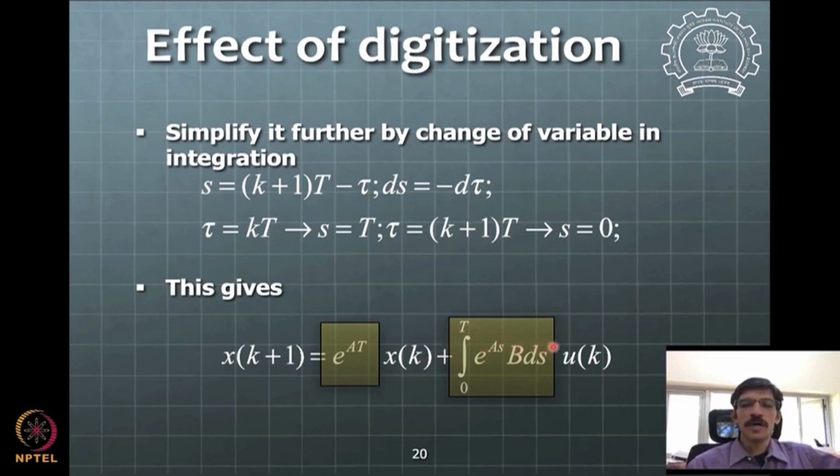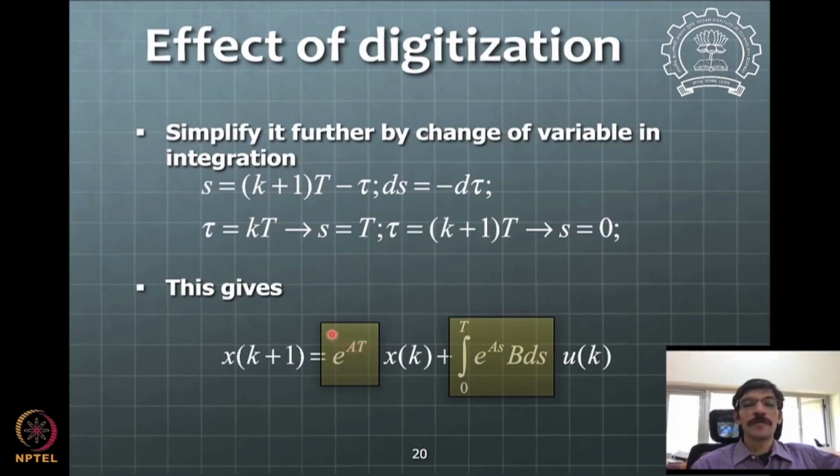This is how you get these two matrices which are independent of state. There is no x coming into them at all, so these are system characteristic matrices. These characteristics will depend upon matrix A and the sampling time T that you have used.